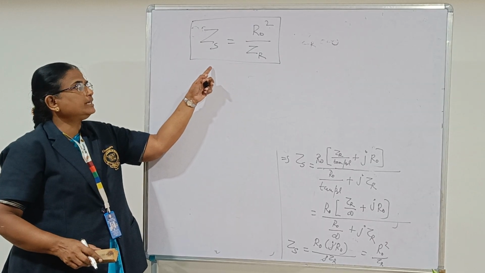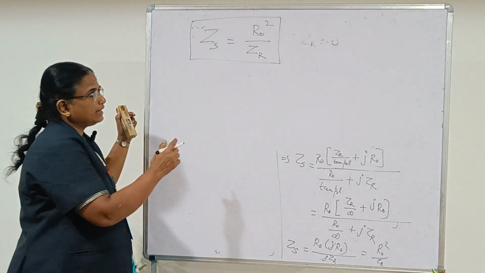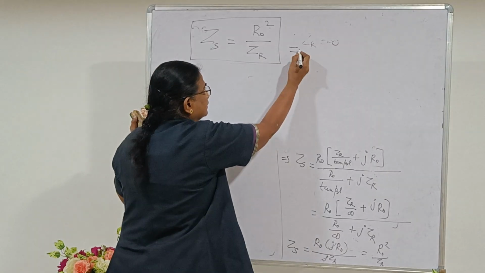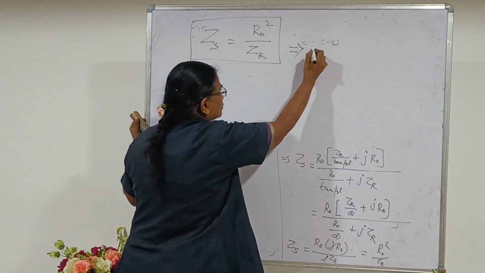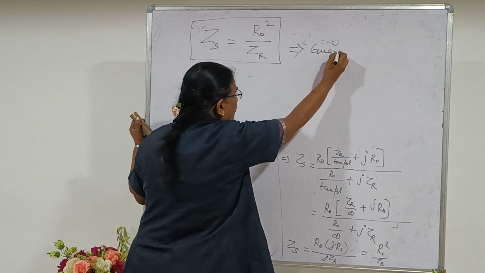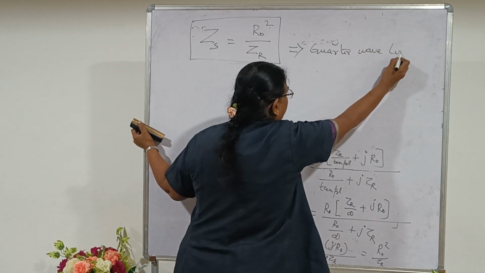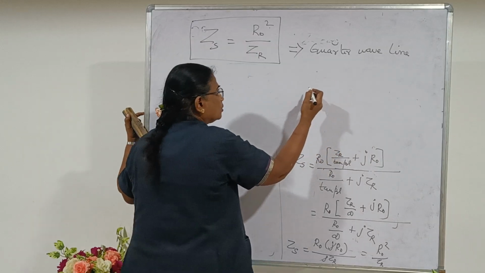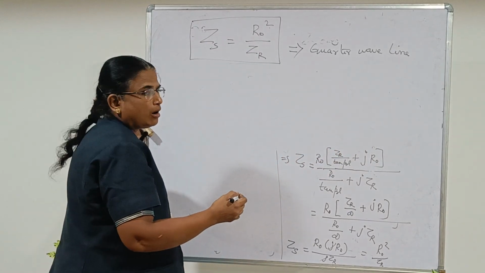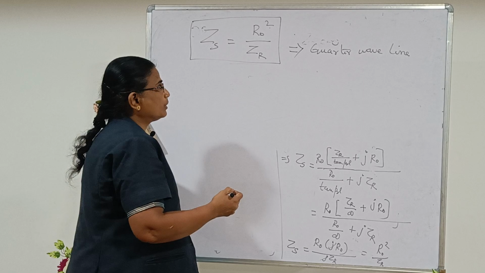So this is the sending end impedance for a line of length lambda by 4. So this is nothing but a quarter wave line or quarter wave transformer or lambda by 4 line.